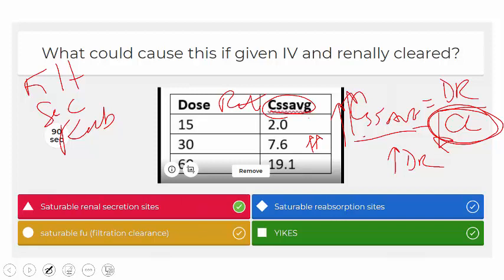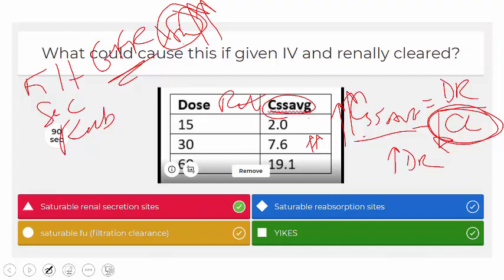Filtration is a simple filter, and it's GFR, which is not saturable, right, times fraction unbound, which is. So if we saturate those binding sites, our fraction unbound is going to increase, which will increase filtration clearance. Is that what we're seeing here? No, we're seeing a decrease. So it's not filtration clearance, is it?